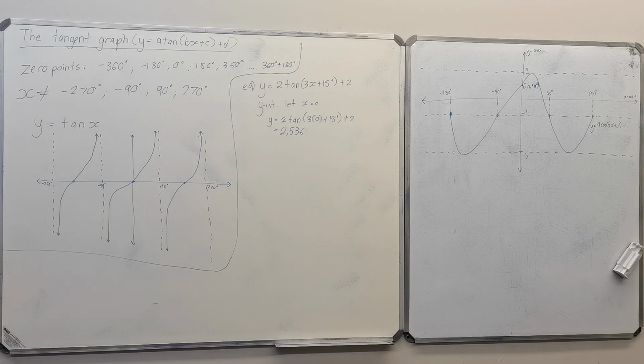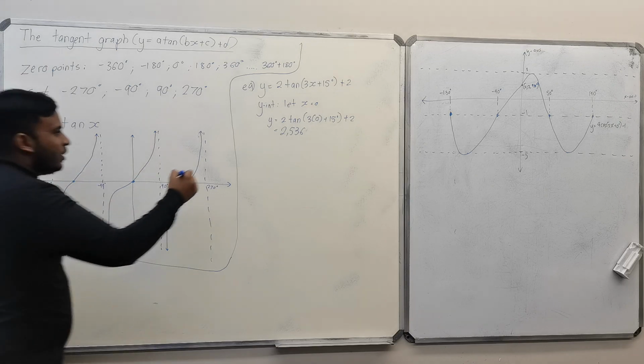That's right. Okay, so yeah, we got our y-intercept, right? We just need our 0 points now in order to work it out. We need our 0 points and we need our points where x is not equal to a value. So exactly like how you would do 0 points, you do the same thing for x not equal to values. And why I say do that is because these lines help you when you're drawing your graph, so you don't overlap each other, right?